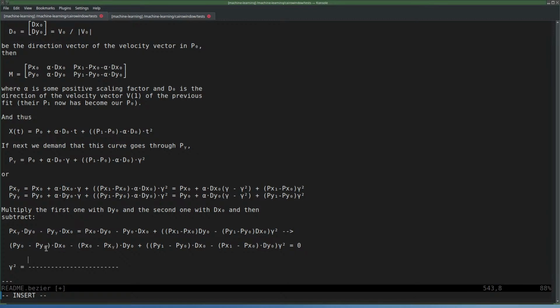So it's more like the vector from gamma to P0 then. Can work with that.